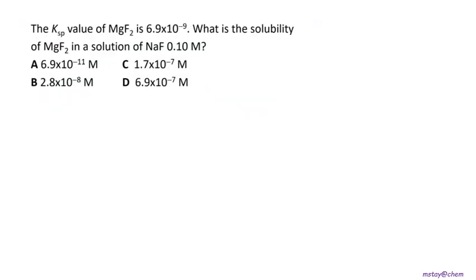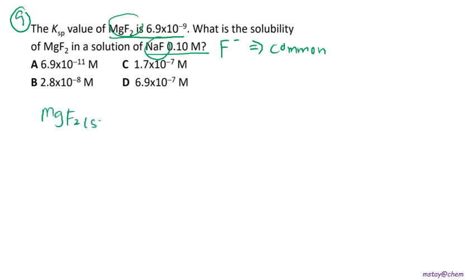Last question for this video, question number 9. The Ksp value for magnesium fluoride is 6.9 exponent negative 9. What is the solubility in 0.1 molar NaF? So when we compare these two, the F negative is the common ion. So again, we need to write the equation. Magnesium fluoride, solid, dissociates to produce Mg2 plus aqueous plus 2F negative aqueous.